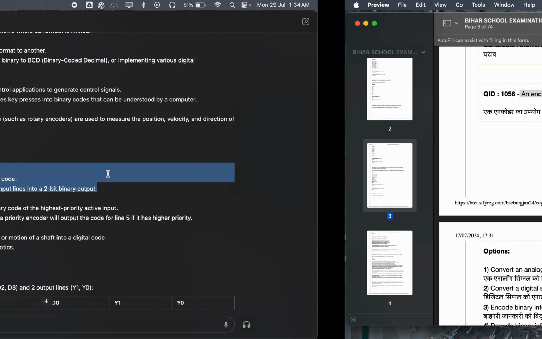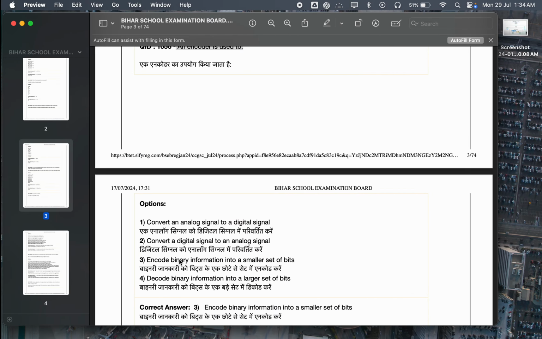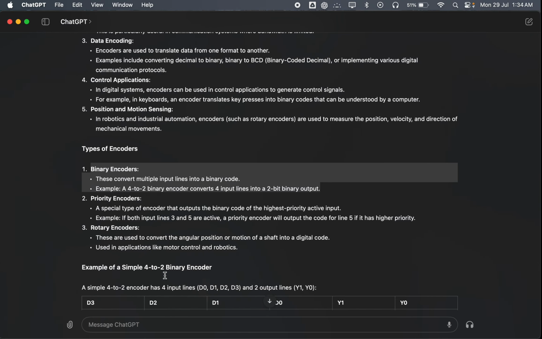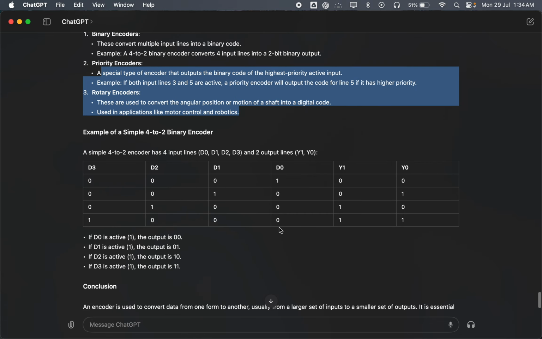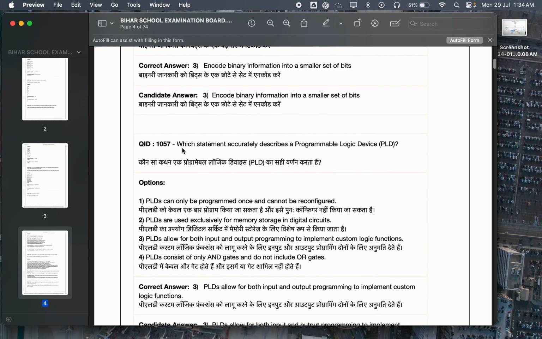So this was binary code, and the question was okay, so yeah. Now coming to the next question, which statement accurately describes a programmable logic device?